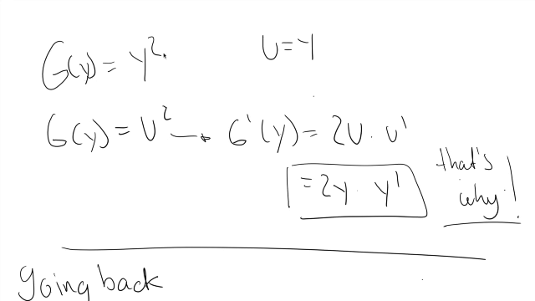Let's assume that you guys are using the chain rule, where instead of having y, I'm going to have u. And if I have u, then you guys know that the derivative of u squared is going to be 2u multiplied by u prime. All this is coming from the chain rule.